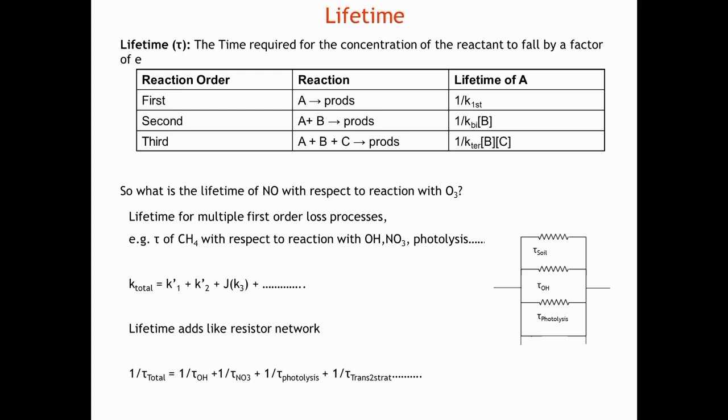I don't want to do the derivation for you because you don't need to know it. But the standard integral for the rate equation is an exponential. And so 76 seconds is the time for the concentration of NO at time t to equal the concentration of NO at time 0 divided by E. So it goes down by a factor of 2.7 roughly in 76 seconds. So that is the E-folding time.